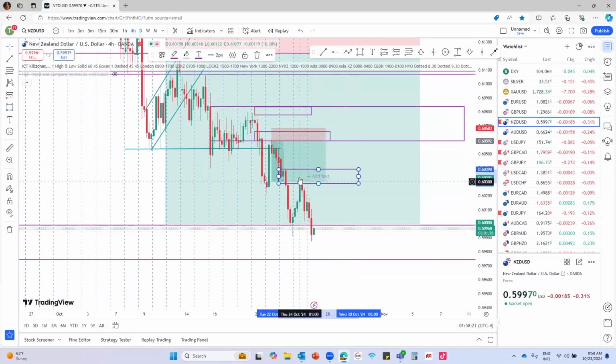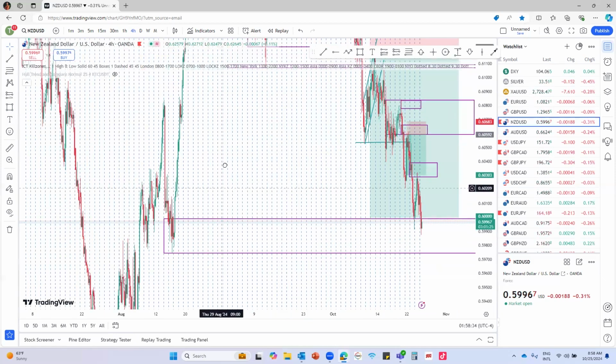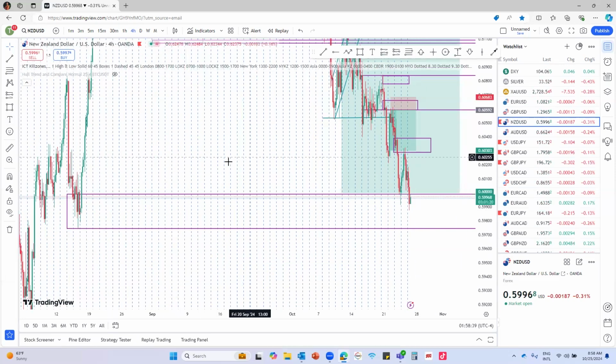So here again, we had another re-entry yesterday for a sell. Also, this is a supply zone. And then you can see the price pushing down all the way to the target where we were targeting. So we were targeting the price to come to this demand zone, or this zone that we have here.